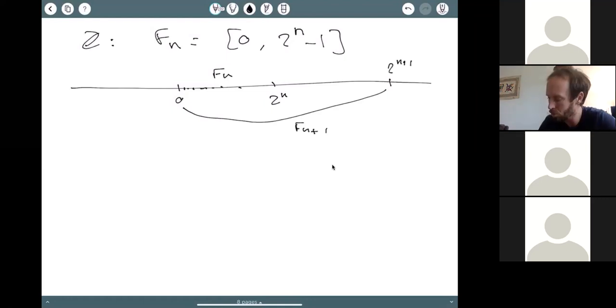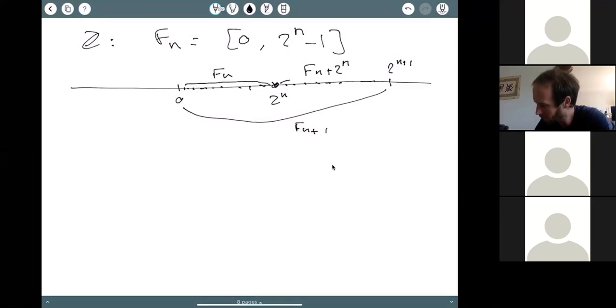I'm forgetting the minus 1 here. Of course, we will have 2 copies of Fn, so Fn and Fn plus 2^n. One will be a translate. So this is going to be Fn, and here, a translate of Fn.